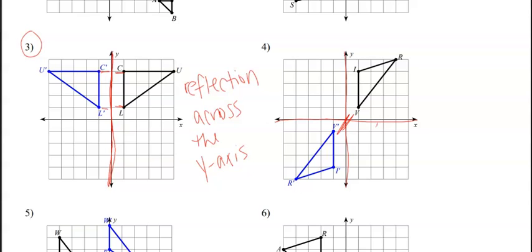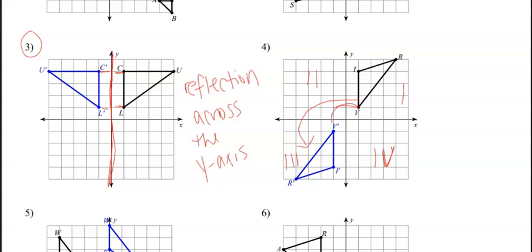So then our third transformation is our rotation. So if we look, we can see that we're rotating our image down into quadrant 3. So this is quadrant 1, 2, 3, and 4. So if we take that image and we rotate it down, it will match up.